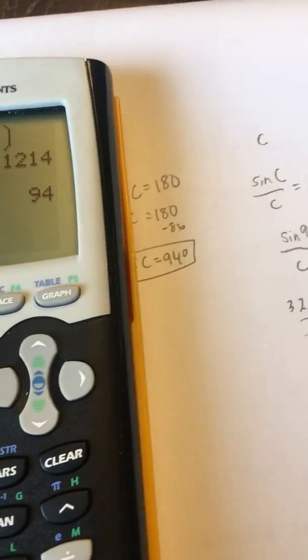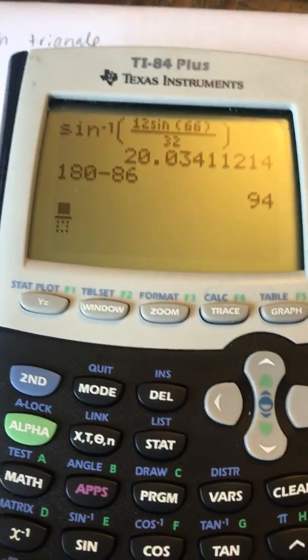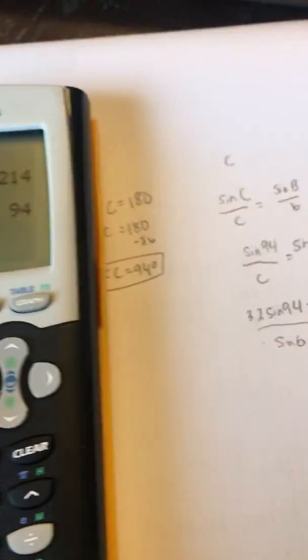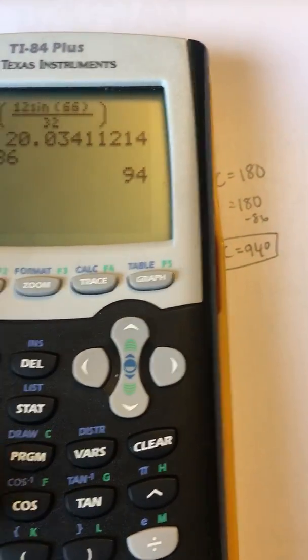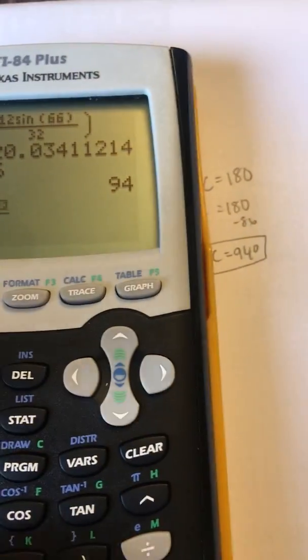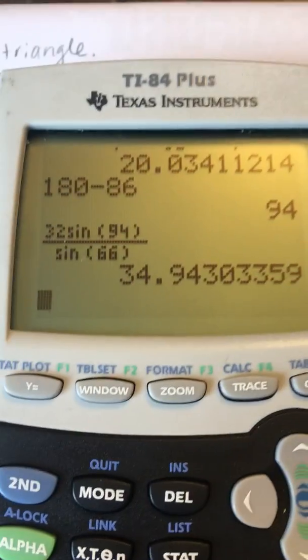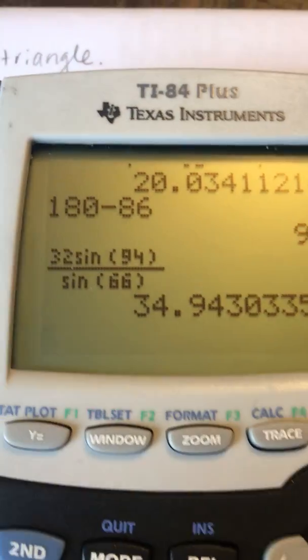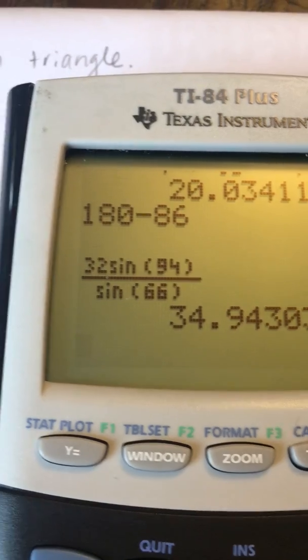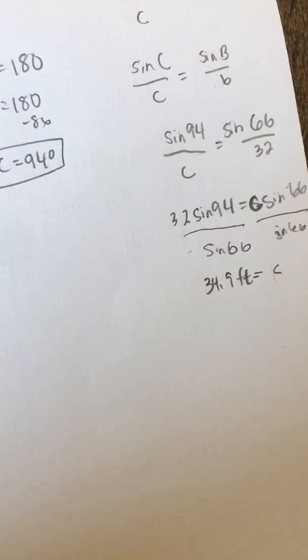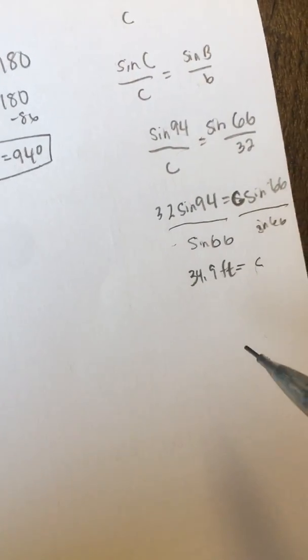So I grab the calculator, hit alpha y equals, get the fraction, and enter 32 sine of 94 over sine of 66. That gives me a side length of 34.9. I look and see the other two are in feet, so this will be in feet as well. So we end up with 34.9 feet for the side.